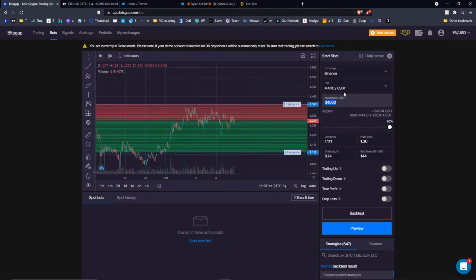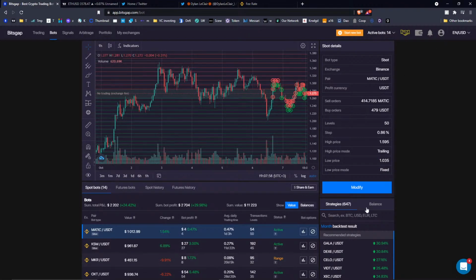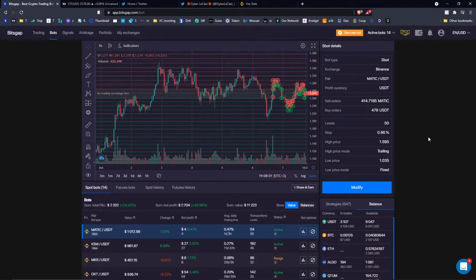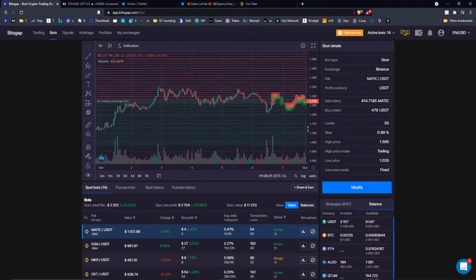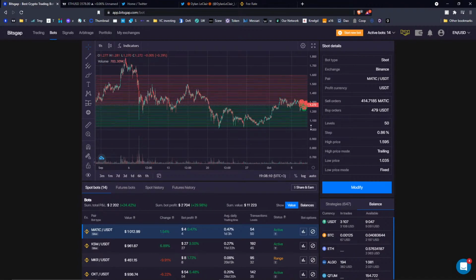Here you can play with different strategies and see which one works for you. Once you figure out your golden strategy, go to your real account and start trading with your real money. That's the best advice I would give you if you want to learn about automated bots and see the optimal configurations depending on your available balance and risk appetite.